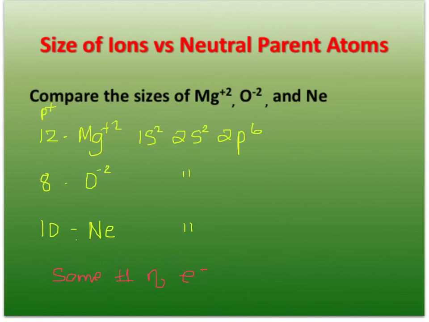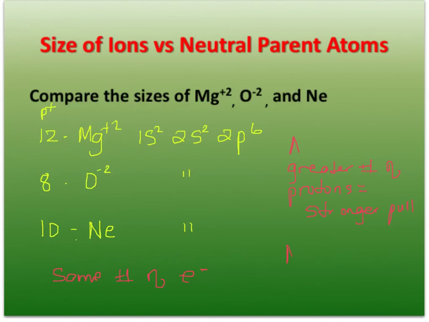So since they have the same number of electrons, the one with the greater number of protons has a stronger pull. So if we have a stronger pull, what's going to happen?